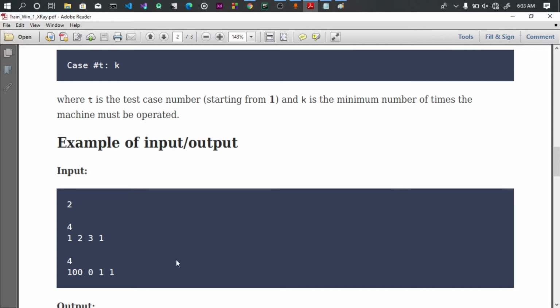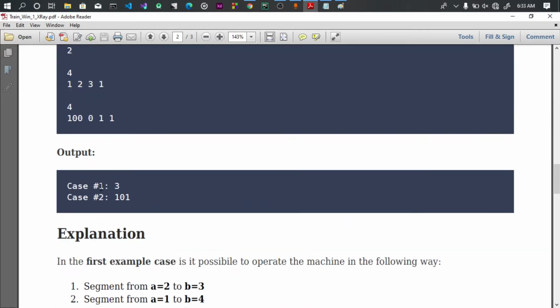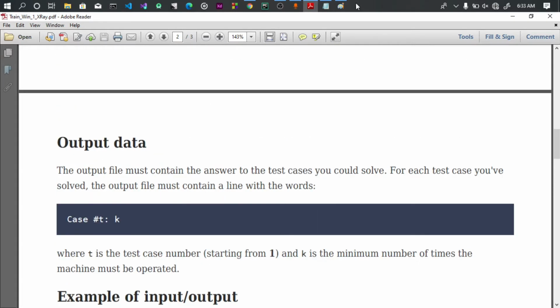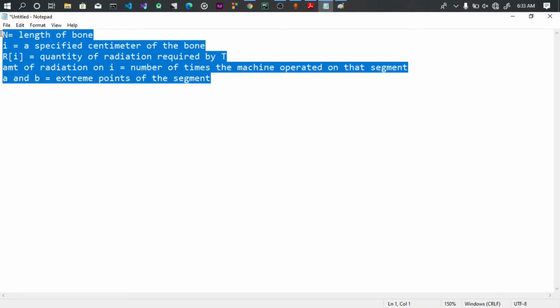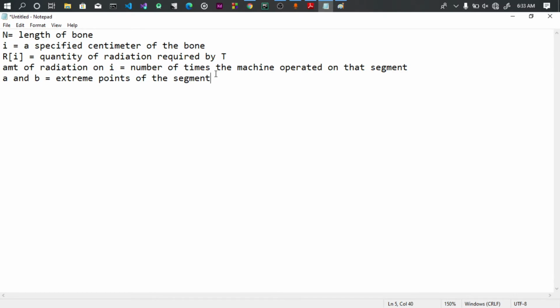This is an example input and output which have been given. So let's go right to the explanation. Here I'll move over to Notepad. Here we have written out the variables that we need to have at the back of our mind to go ahead with this problem. We know that n from the question is the length of the bone.